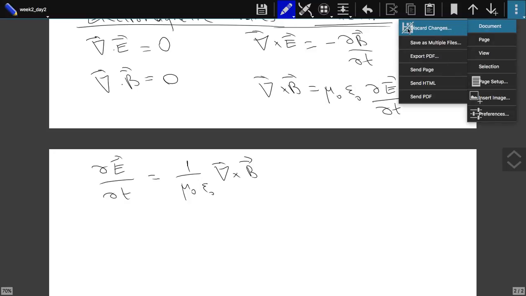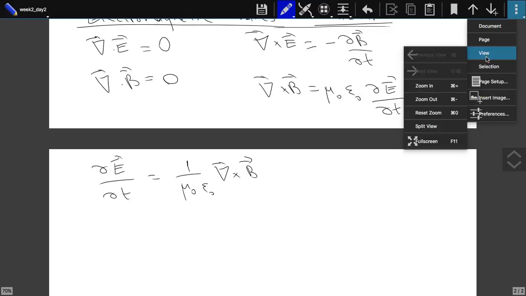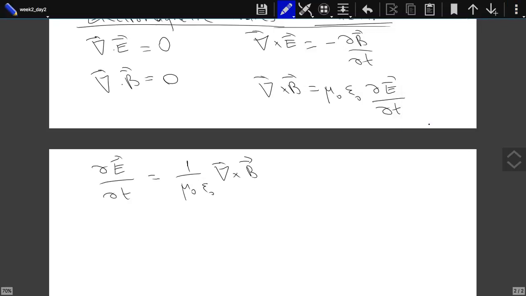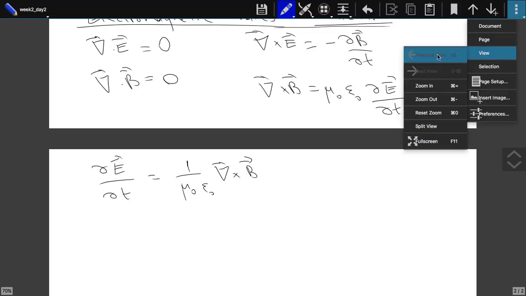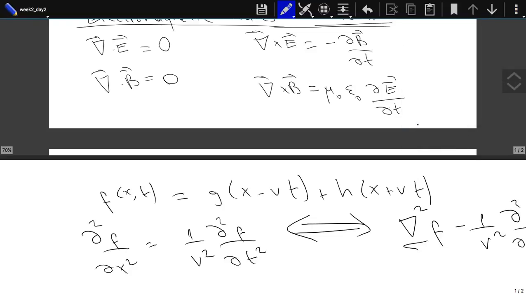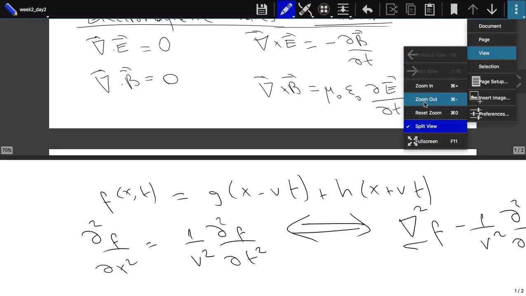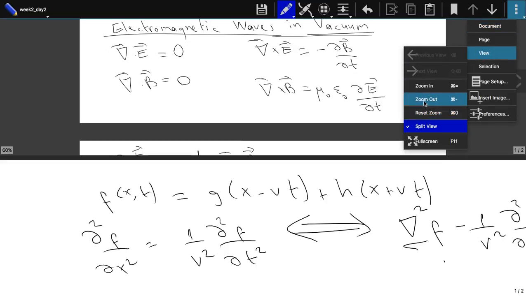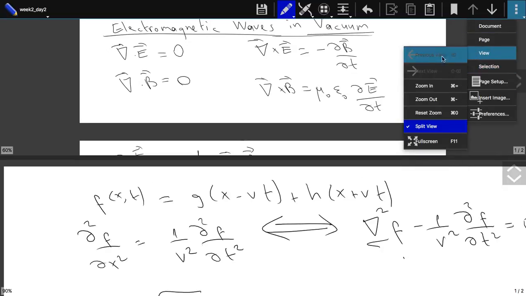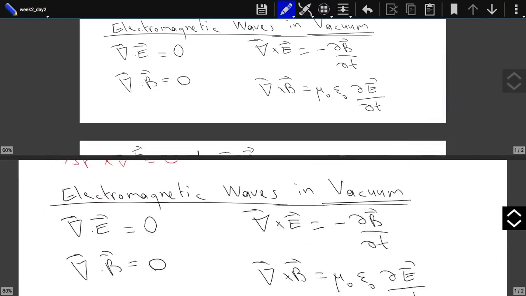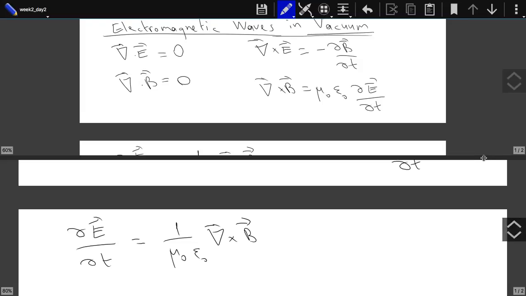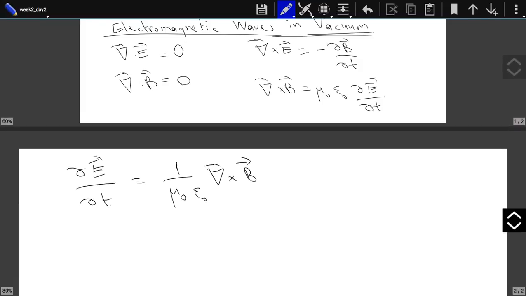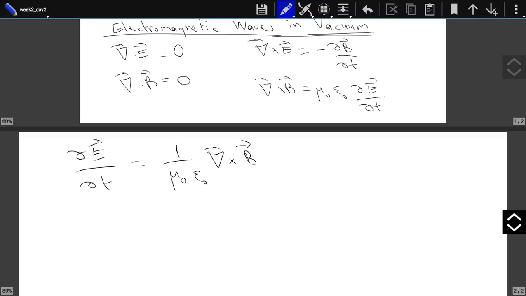So those two equations will stay there. Well, let's look at this second derivative, del squared E by del t squared.